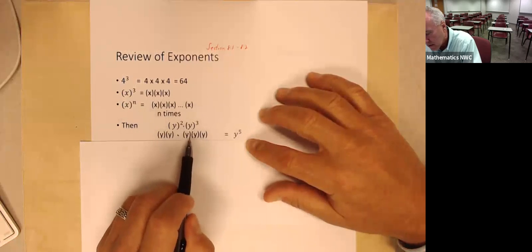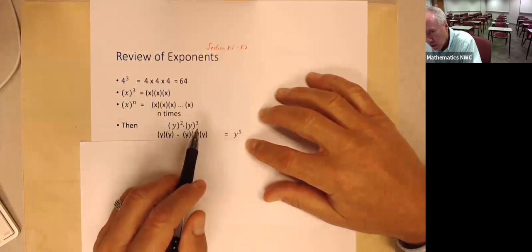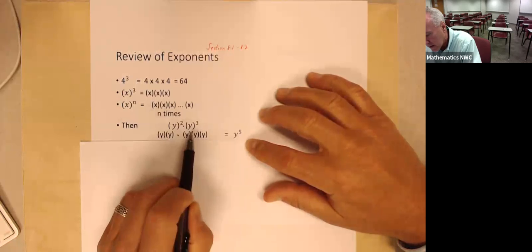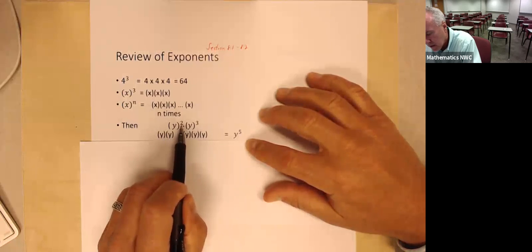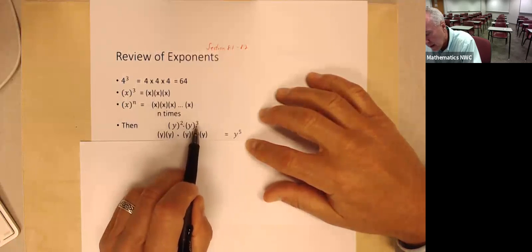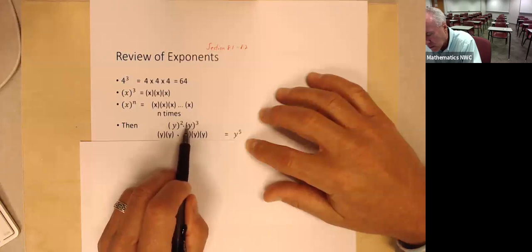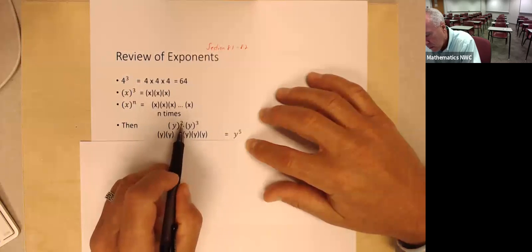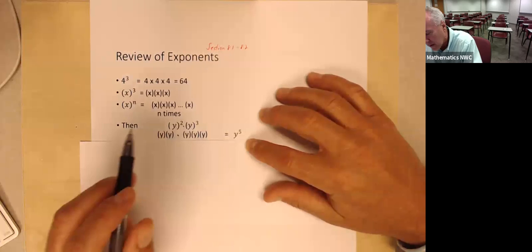But again, notice that that 5 could have been gotten easier than doing the y's here and the y's there. It could have been gotten by just simply taking 2 and adding 3 to it. Because that's what's really occurring, even though we're multiplying, we end up adding the exponents.